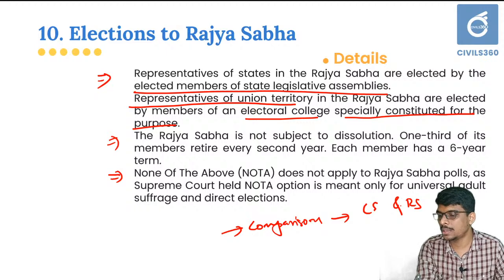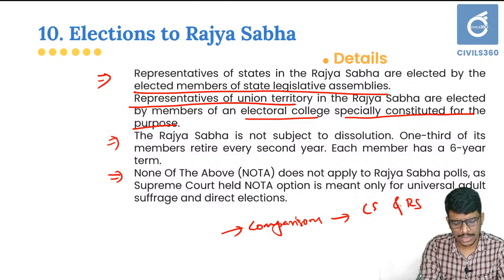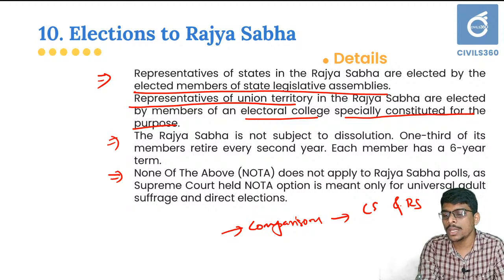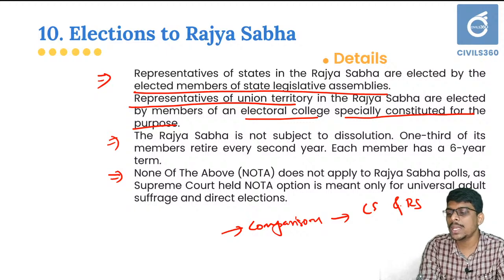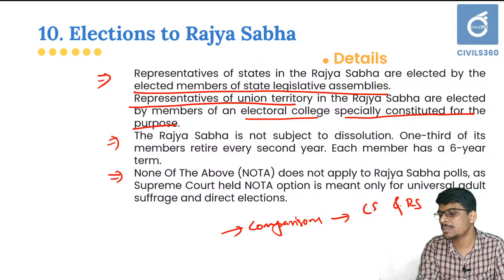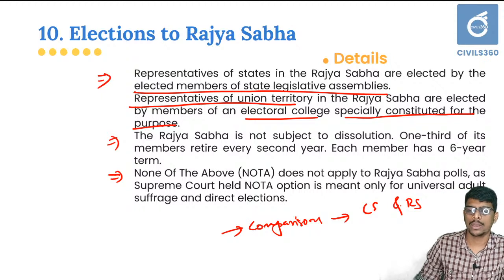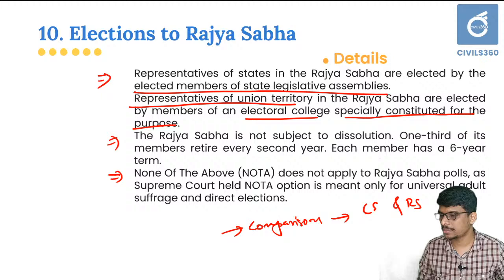If there is not a question directly on Rajya Sabha, the question will be a comparison between Lok Sabha and Rajya Sabha. There is a chance that a question on Rajya Sabha will be there, because it is very important for your prelims and mains. You should know the details of Lok Sabha, Rajya Sabha, etc.